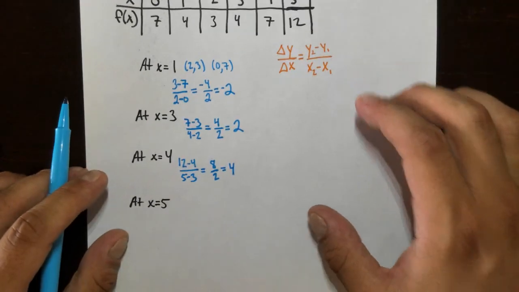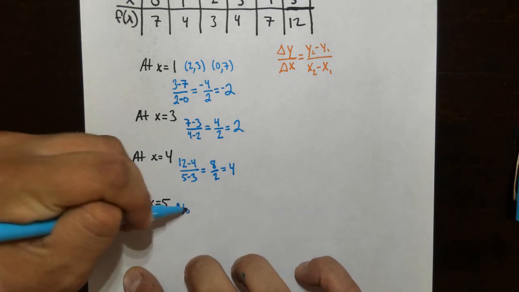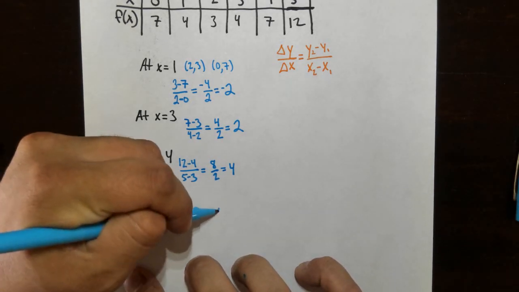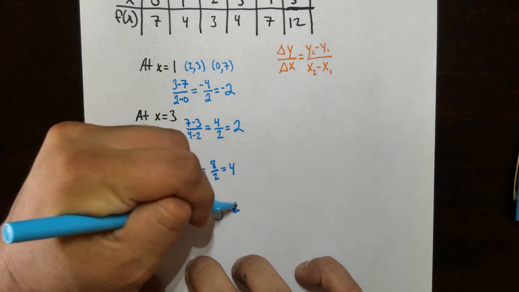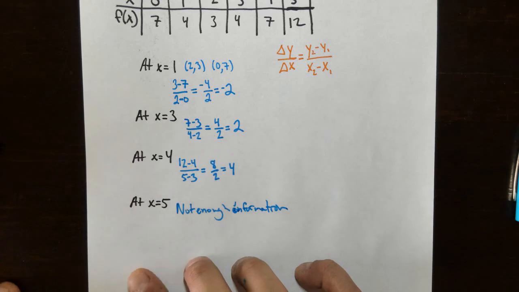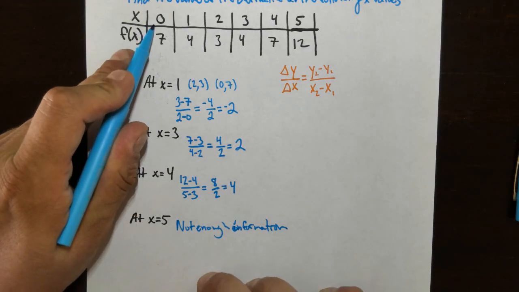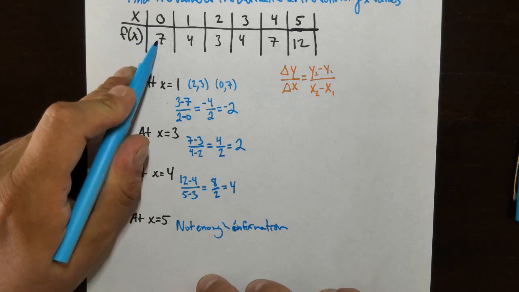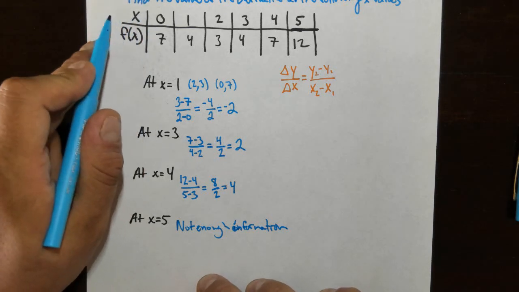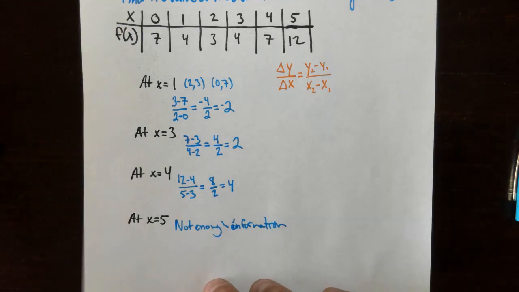So in this case, at x equals 5, there's not enough information. We can't just assume things. Likewise, if I asked what is the derivative at x equals 0, again, we're not given the point at negative 1, so we can't assume anything. We don't have a point to the left of it.